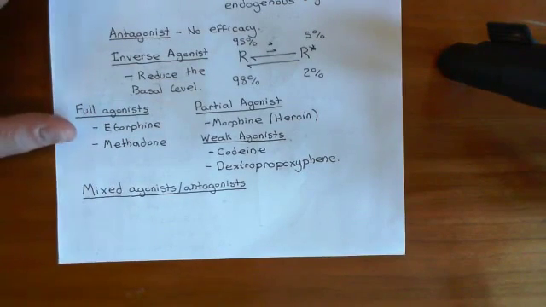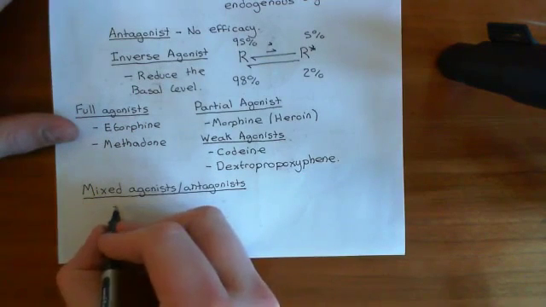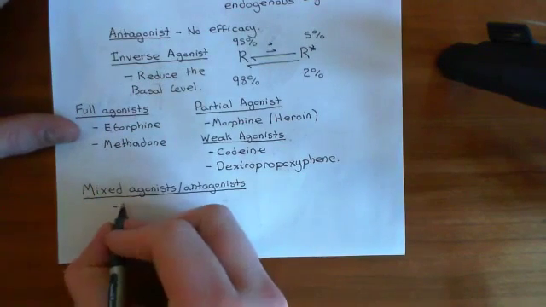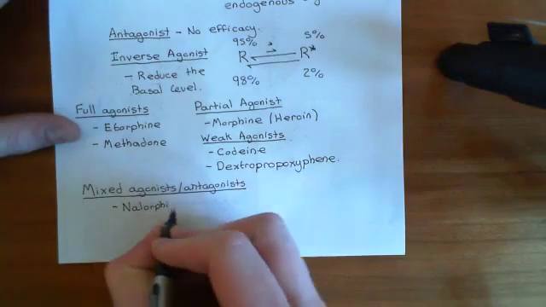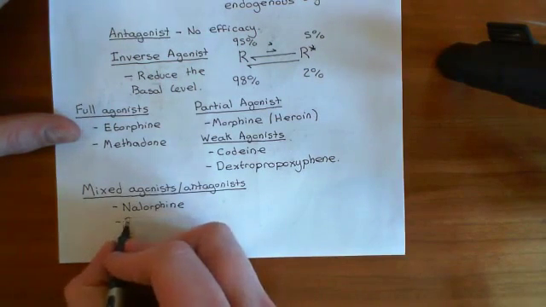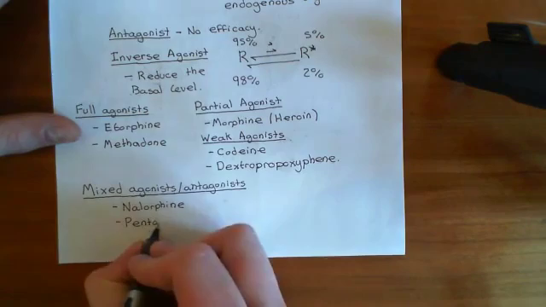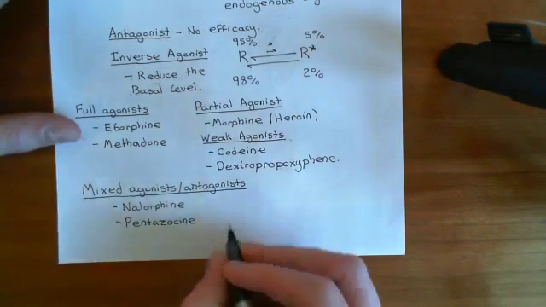But they're actually agonists at the kappa opioid receptor. Drugs in this category are nalorphine and also pentazocine. So nalorphine and pentazocine are examples of mixed agonists/antagonists at the opioid receptors.